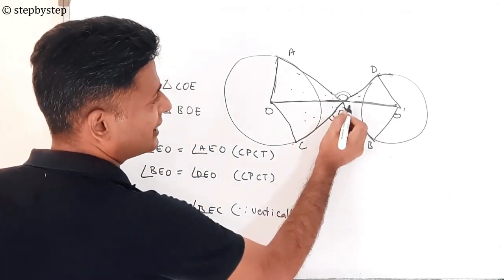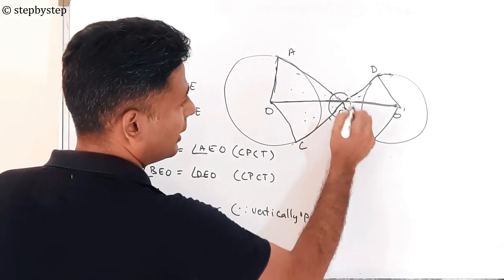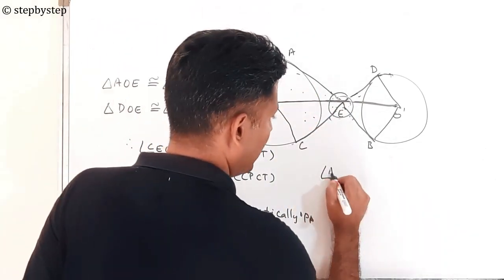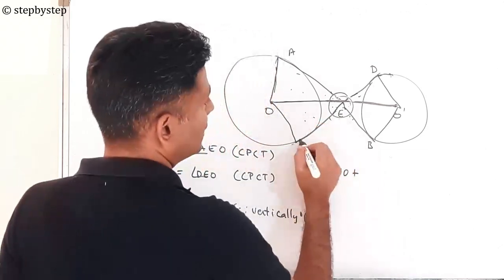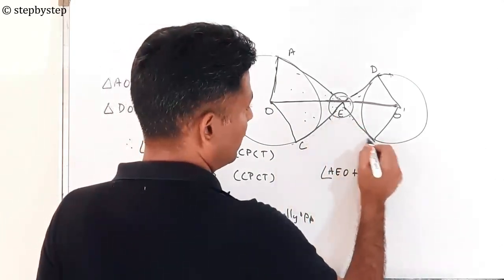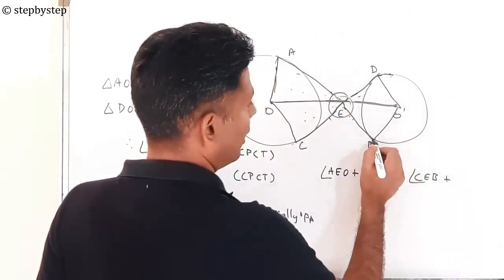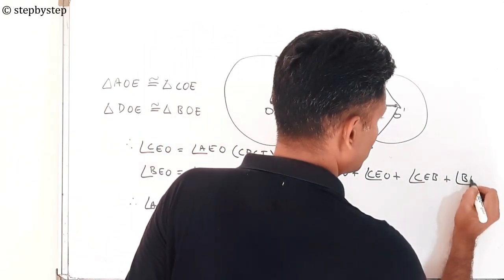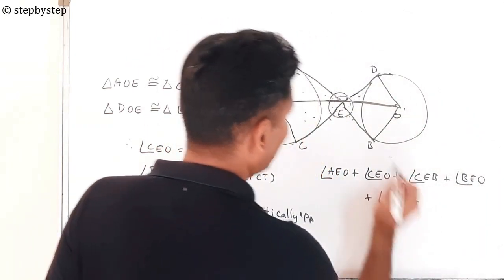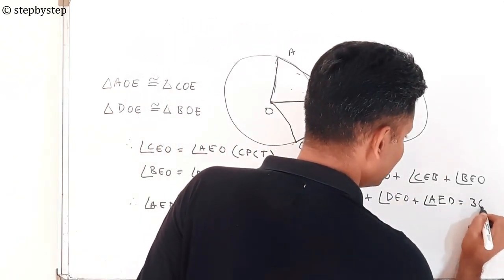Now if I add all these angles, how much do I get? If I add all these angles, I get 360 degrees, right? So if I do angle AEO plus angle CEO plus angle CEB plus angle BEO plus angle DEO plus angle AED, I get 360 degrees.